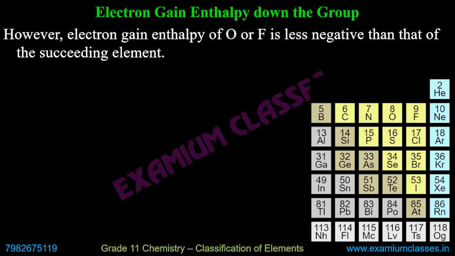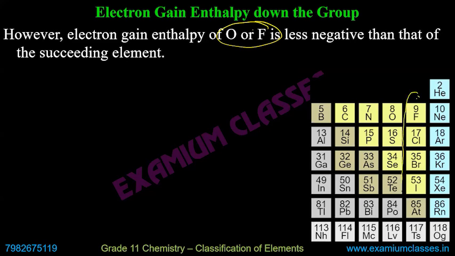However, the electron gain enthalpy of oxygen and fluorine is where questions will appear. Oxygen and fluorine are exceptions to the group trend.